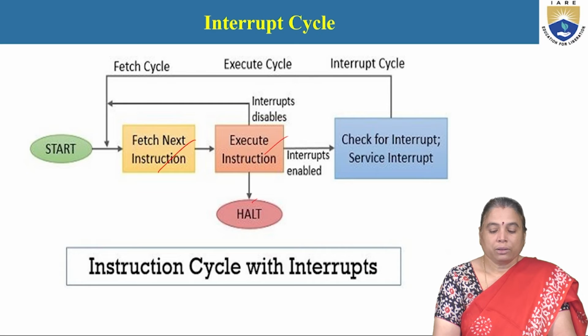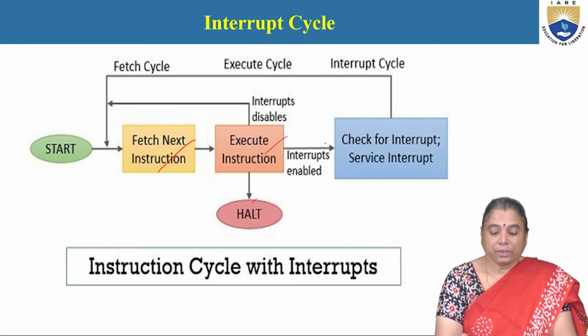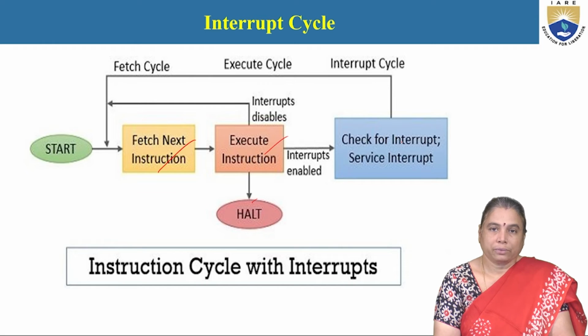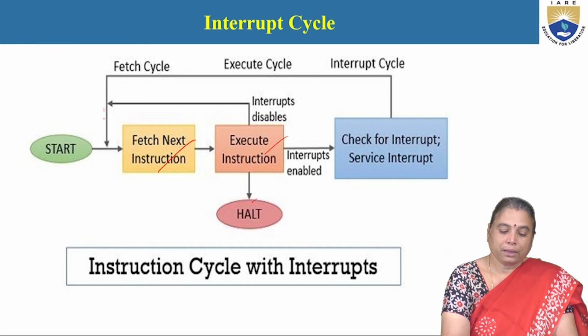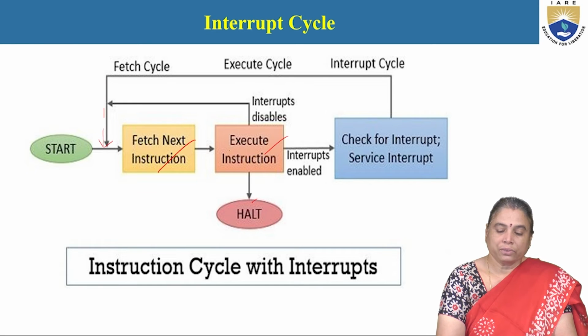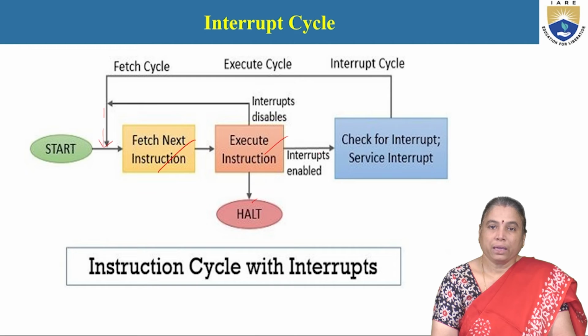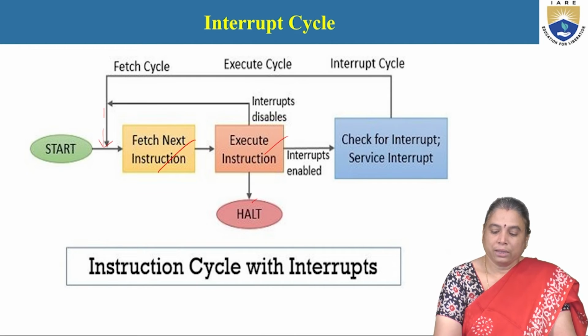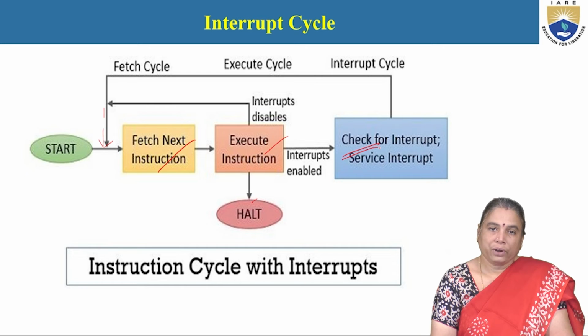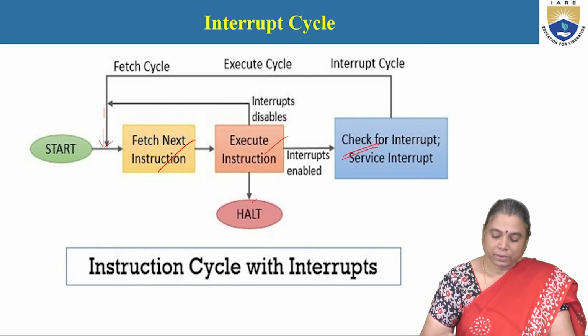If an interrupt is enabled, then check for the interrupt, alter the control to the ISR and service it. After completion of its execution, from the next instruction onwards, the instruction cycle is commenced again. In this way, at the completion of each instruction, the interrupt cycle checks for an interrupt. If one is raised, it can be serviced.